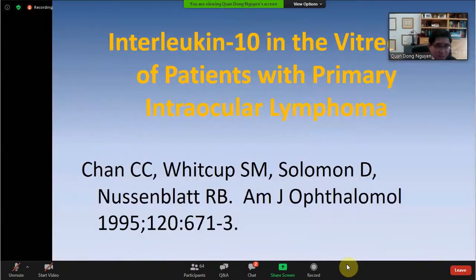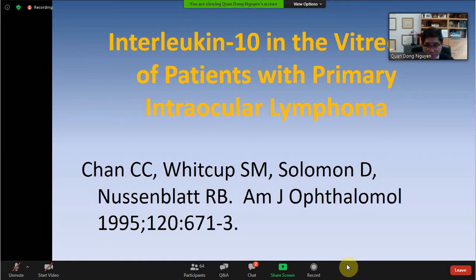Now, the story of interleukin 10 and 6 is definitely well known now. And this is the work of Dr. Chi Chao Chan, who used to be at the National Eye Institute. She has now retired, but one of the major works that she has done over her career, together with the late Dr. Robert Nussenblatt, who developed the vitreous haze scale, is that they looked carefully at the interleukin 10 level.